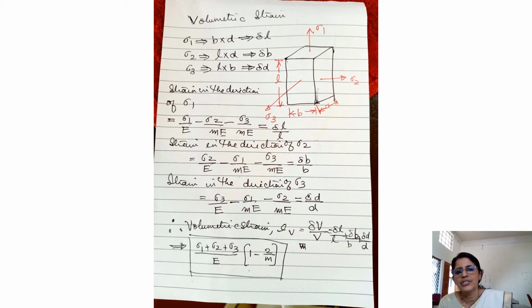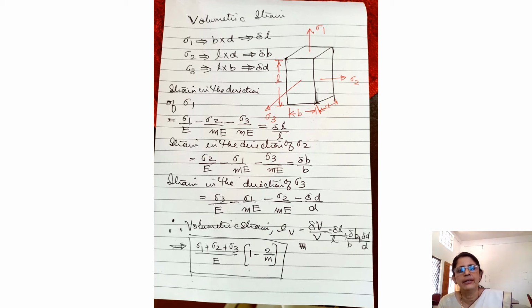So direct strain in the direction of sigma 2 is sigma 2 by E. Direct strain into Poisson's ratio, you get the lateral strain. So I have taken sigma 2 by E into 1 by M, that is sigma 2 by ME. Similarly, sigma 3 by E into 1 by M, you get sigma 3 by ME. I have told you in the first case itself, in lateral strains, you have to always take the opposite sign.